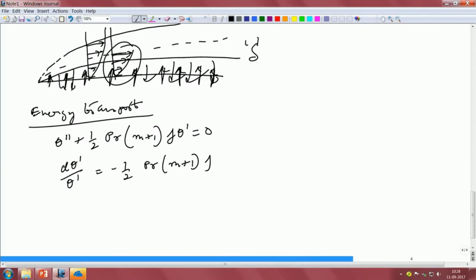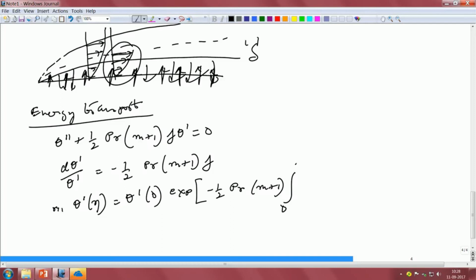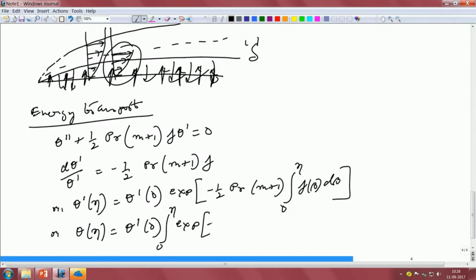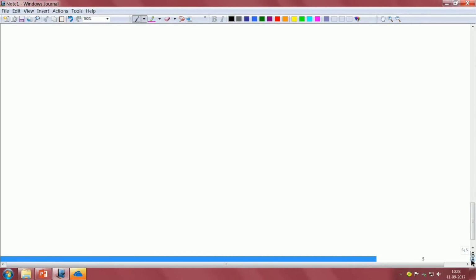Let us do a little bit of mathematical jugglery on this. Theta eta, straightforward integration. Now, theta infinity is equal to 1, we all know that.